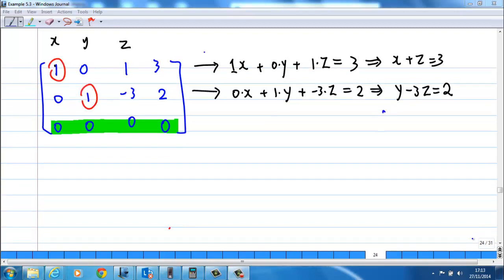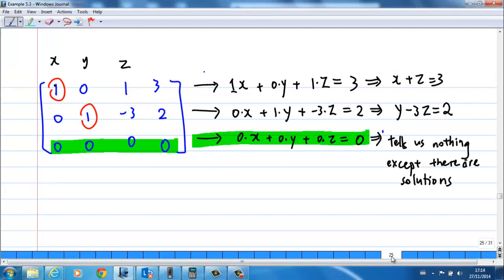The last row consists of all 0, which means that 0 times x plus 0 times y plus 0 times z equals 0. This equation tells us nothing, except there are solutions.